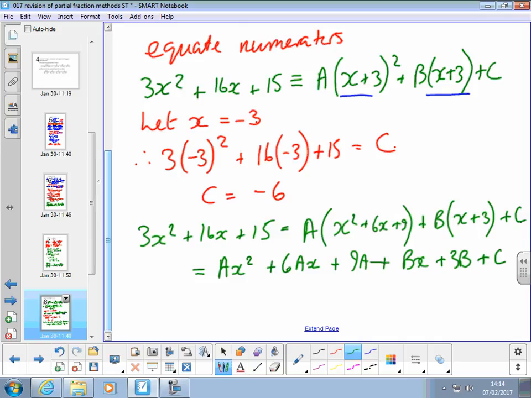Okay, so what we've got now is a single x² term on both sides of that equation. If there's 3x² on that side, there must be only 3x² on the other side too. So we can equate the coefficients of x².